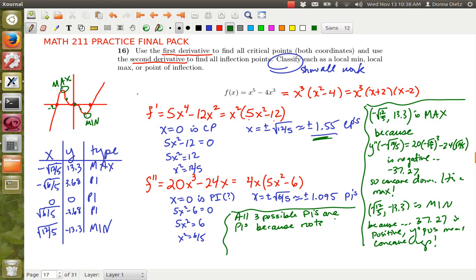And so all three possible points of inflection are points of inflection because roots are order 1. In other words, they're like a line. And the sign of f double prime changes when we pass through them. Okay, so this is like an essay style response.